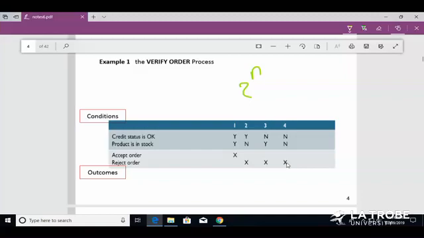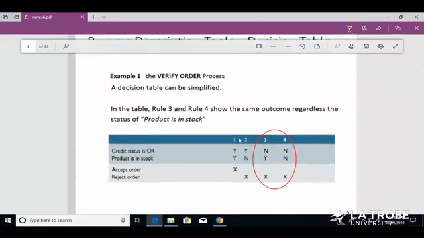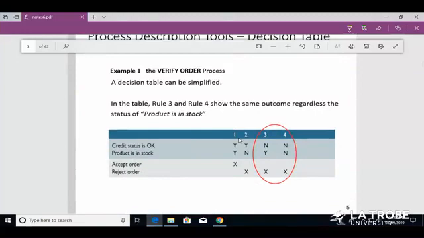Conditions, outcomes, and rules. Do we have a second step? Yes, we do. The second step is to simplify the decision table. The example we're showing you is quite simple, with just 2 conditions. But imagine you have an information system, and of course it doesn't come with just 2 conditions.